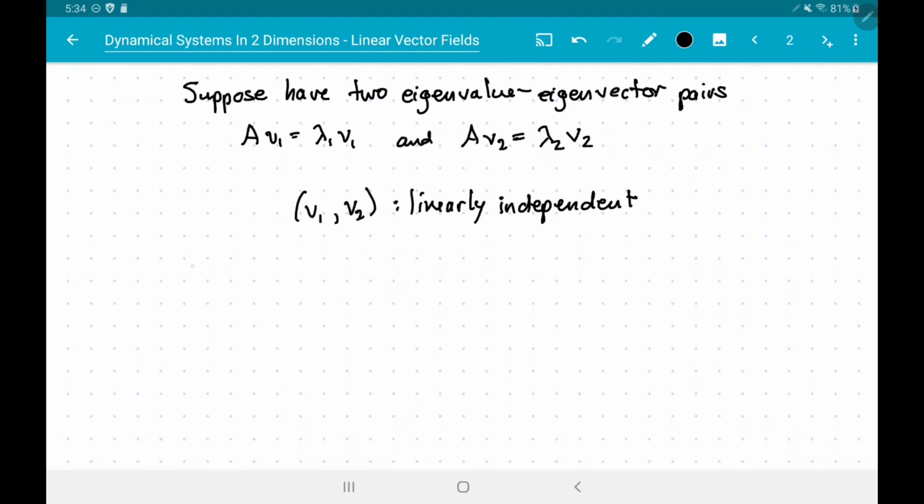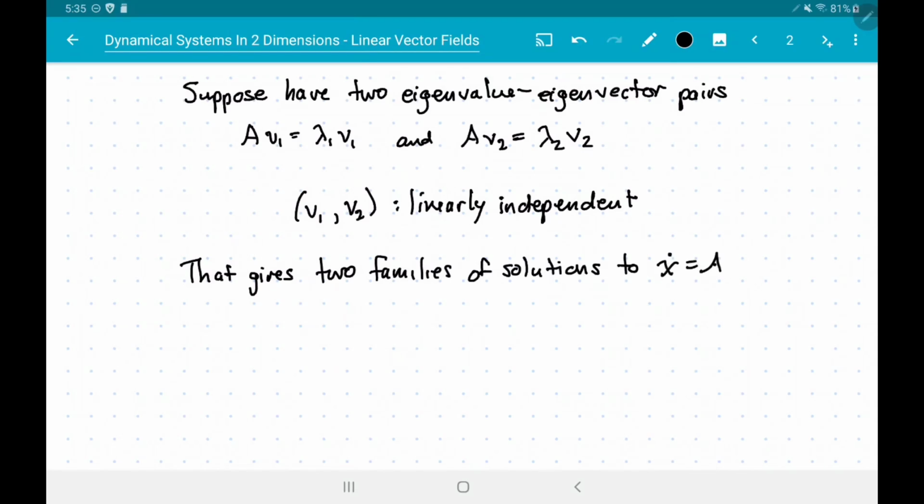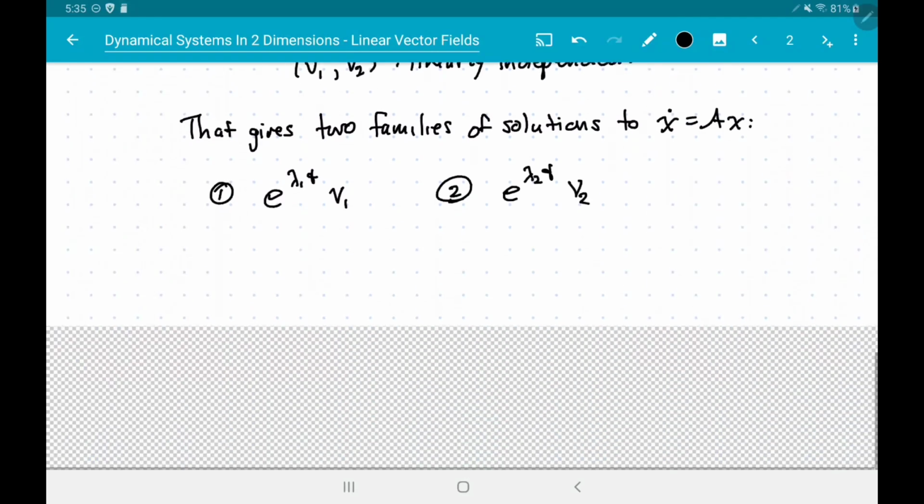So that gives two families of solutions to x dot equals Ax. One solution is e to the lambda 1 t times v1, and the second is e to the lambda 2 t times v2.